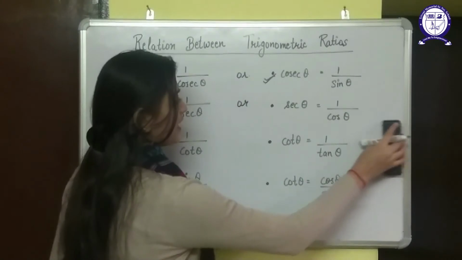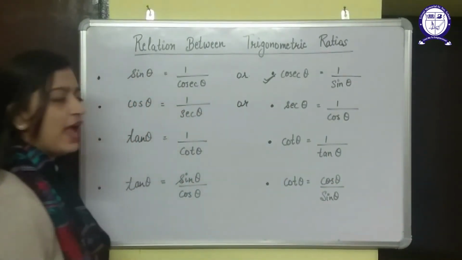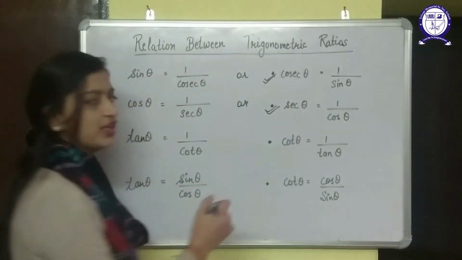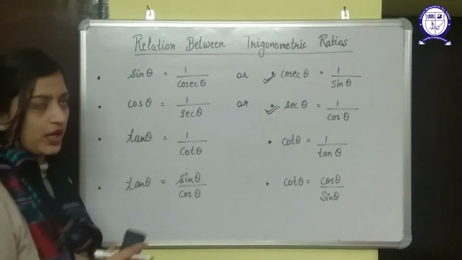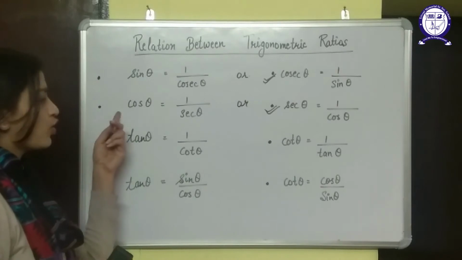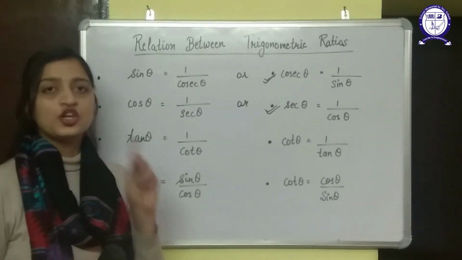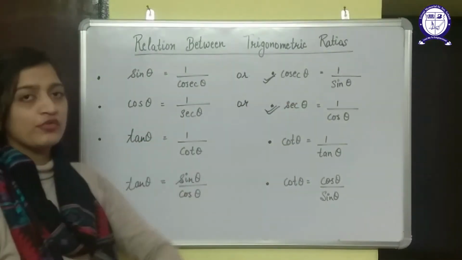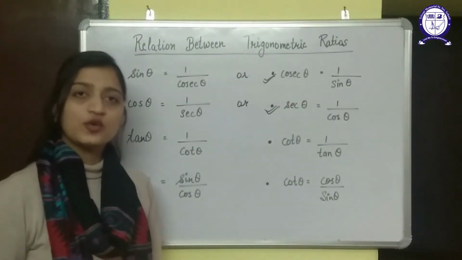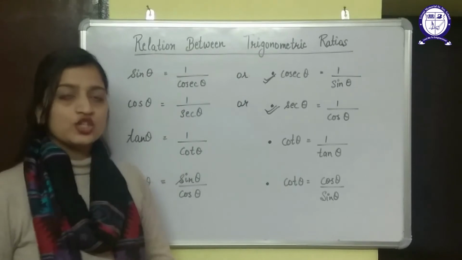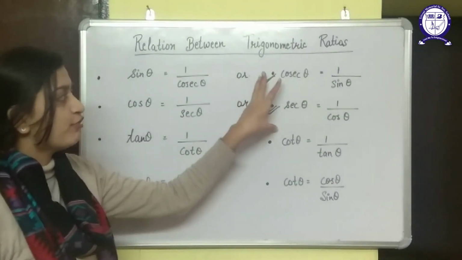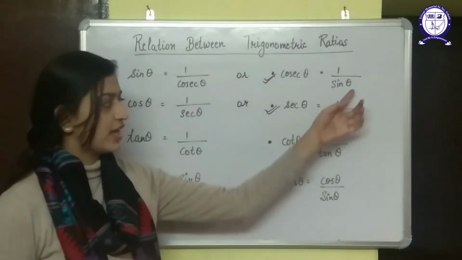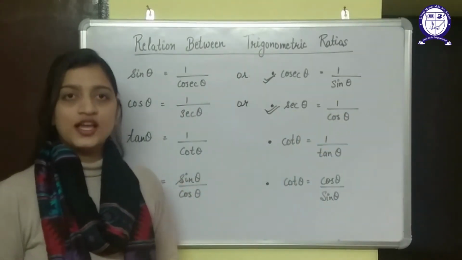This is how my second relation is formed, and again in the question we will use this relation. Sine and cos are easier to work with, but if the questions are in the form of cosecant and secant, the question becomes a little difficult. So instead of doing the question in the form of cosec and sec, we will change them into sine and cos by using this relation.